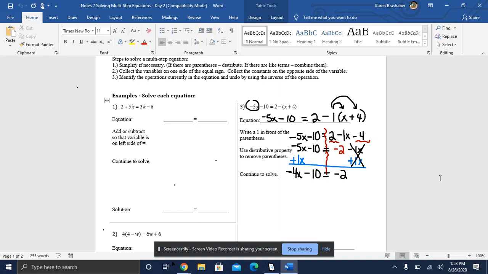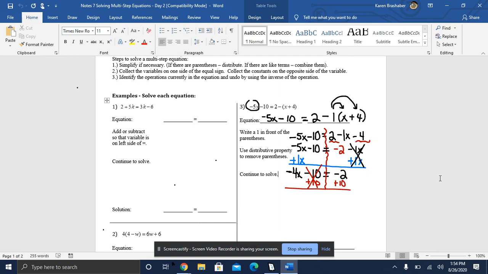At this point, I can continue on doing the opposite operations. So I want to get rid of this minus 10. I want to zero that out. I'll do that by adding 10 to both sides of the equal sign, to both sides of the separator. And so that makes my negative 10 and positive 10 cancel out.